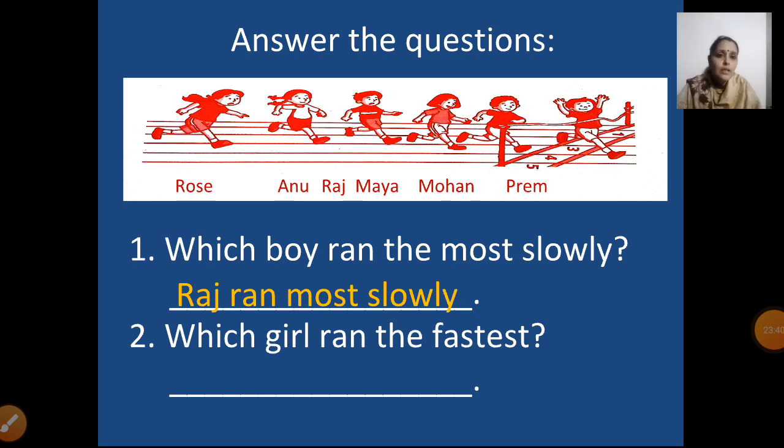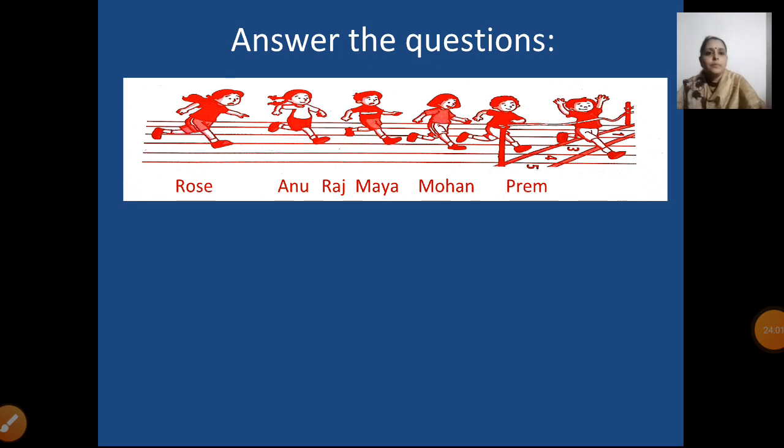So who is the girl next? Maya. Maya ran the fastest. Right? Among the girls, Maya was the fastest. So we'll write Maya ran the fastest. Okay? Now next.